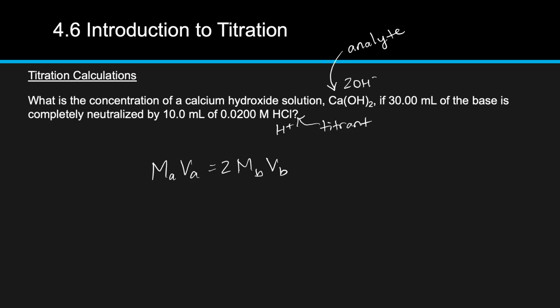So into the Erlenmeyer flask, they put 30 milliliters of our analyte. And in order to neutralize that analyte, they needed to use 10 milliliters of our 0.02 molar hydrochloric acid. So when we're solving for this, we're going to be solving for the concentration of base.